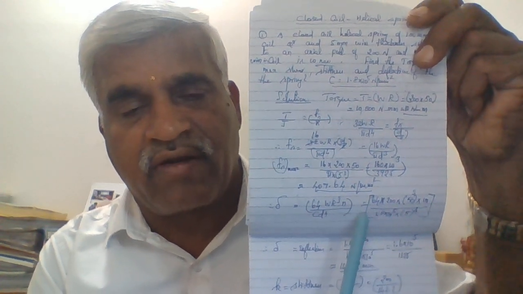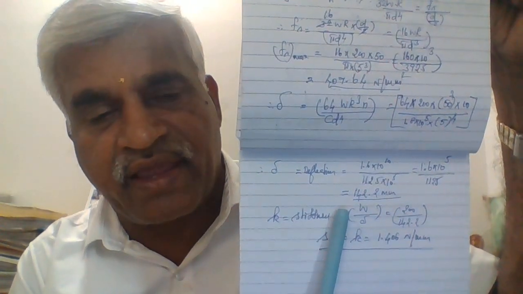So if you are working out, the deflection in the given spring is the value of 142.2 mm. So the deflection of the given closed coil spring is 142.2 mm. So that is 142 mm we can take it.